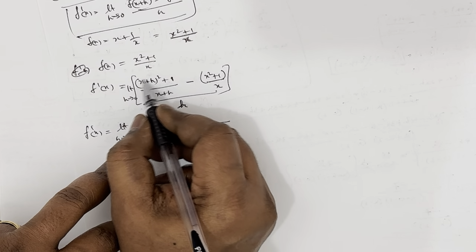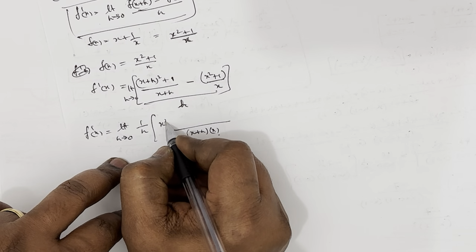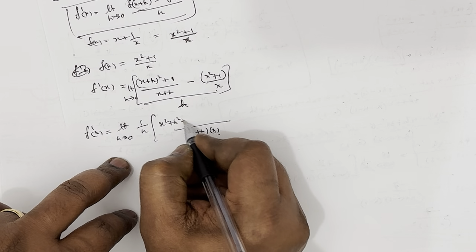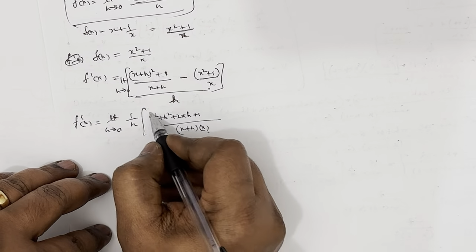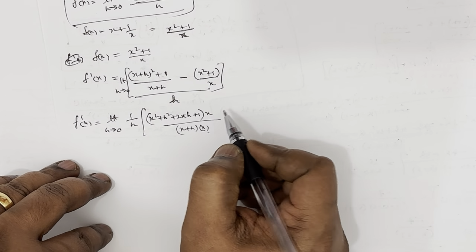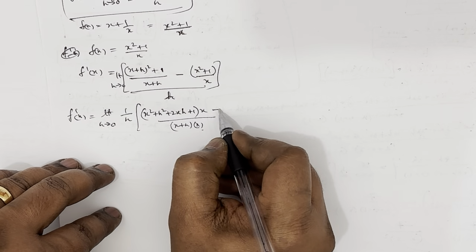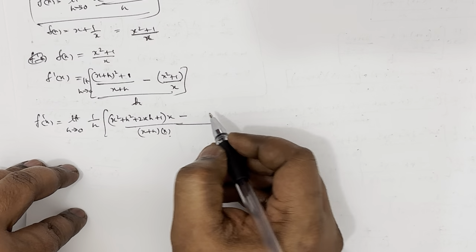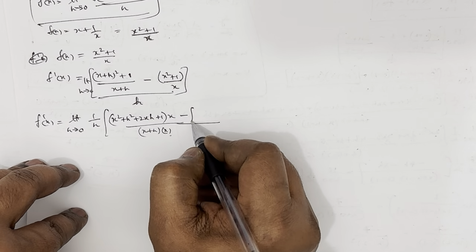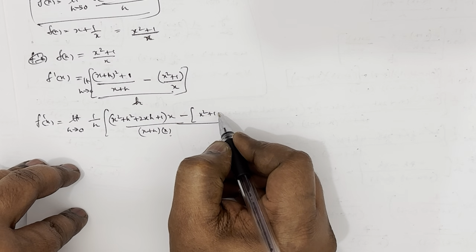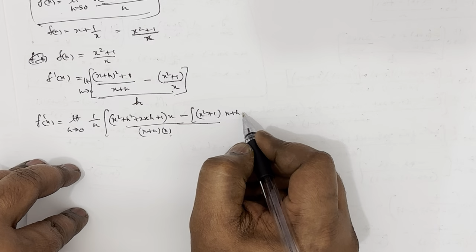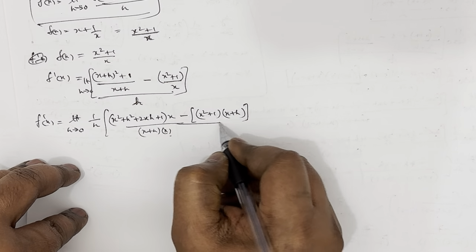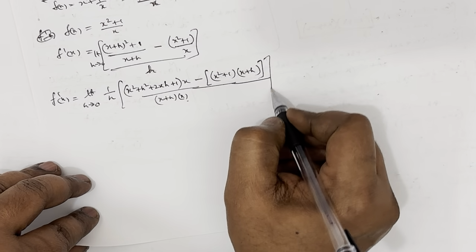This is in the a plus b whole square form, so x square plus h square plus 2xh and plus 1, now multiplied by this x also. And minus, here you have x square plus 1 times x plus h, that's it.